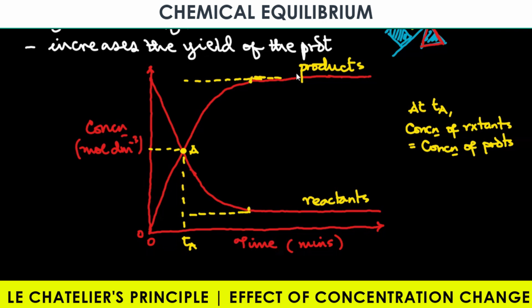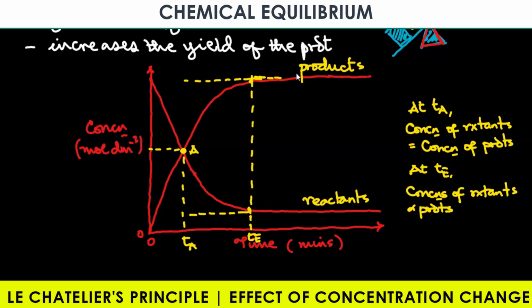So you can see here, this is the point. Of course, this is not drawn to scale. At this point, this is the time at which the concentrations of the product and the reactant became constant. So we can call this TE. That's at TE, concentrations of reactants and products are constant.